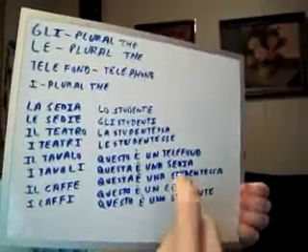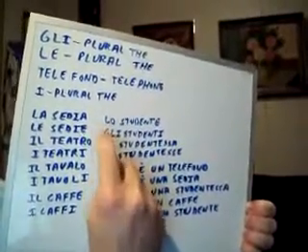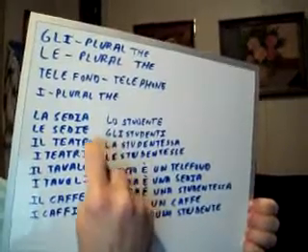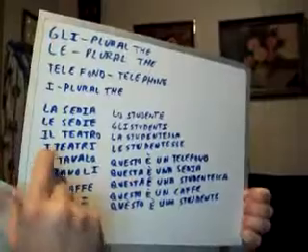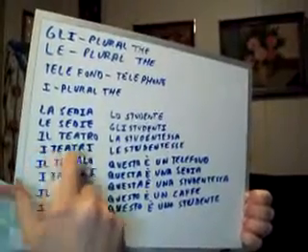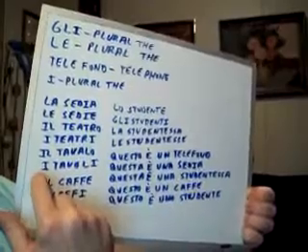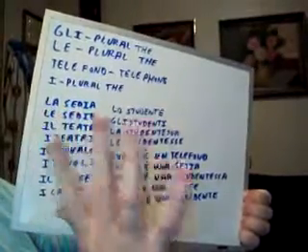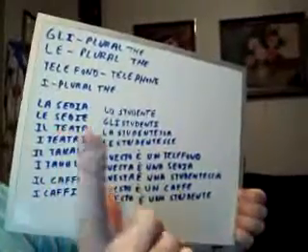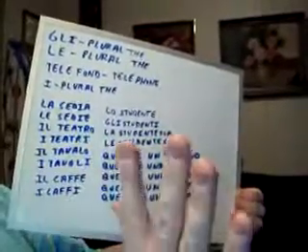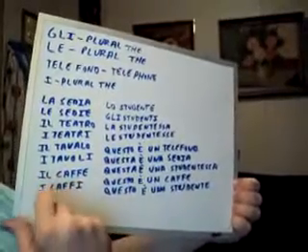All right, let's go down this list here. We have la sedia, le sedie, il teatro, i teatri. Notice the I right here. I teatri, il tavolo, I tavoli.